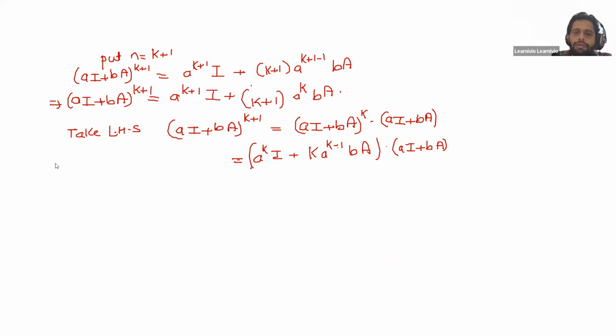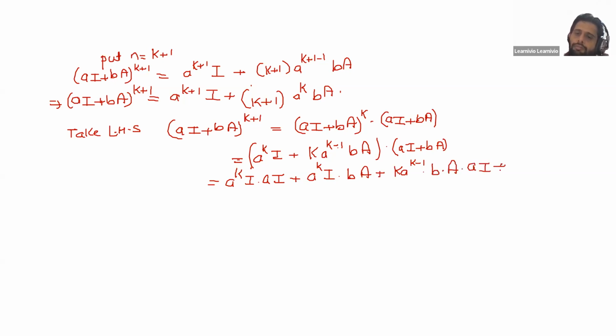Okay, Unip. Now please open the bracket. So you will get, open this bracket, a to the power k I into AI plus a to the power k I into BA plus k a to the power k minus 1 BA into AI plus k a to the power k minus 1 BA into BA.